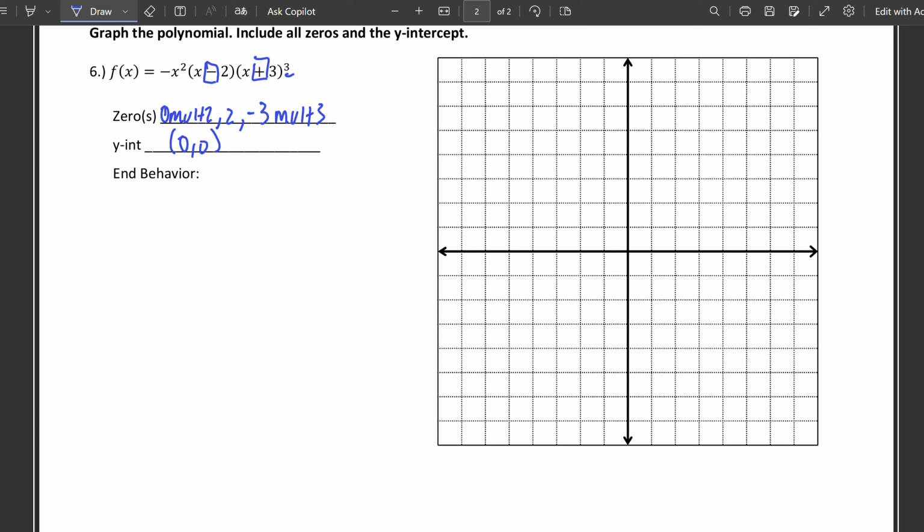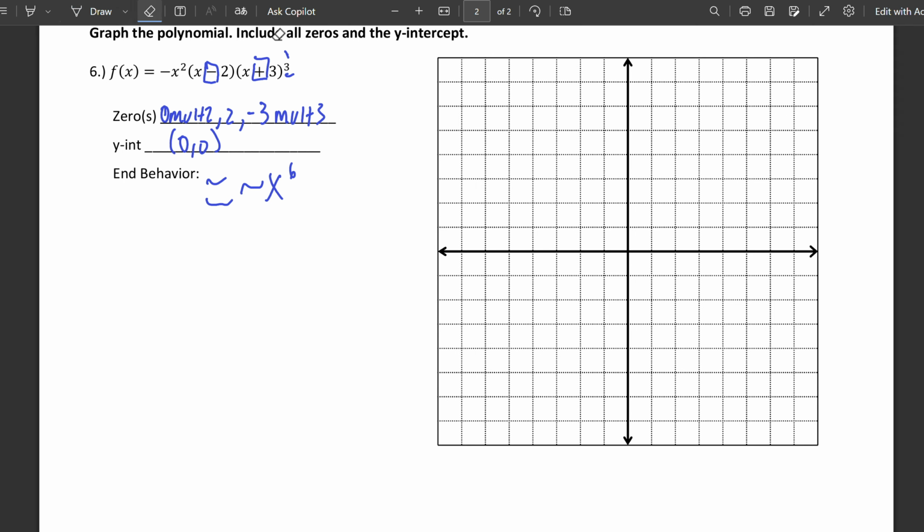For the end behavior, we want to look at the exponents. We have 2 right here, 1 right here, and 3 right here. So what does that give me? 2, 3, and then plus 3, that's 6. So we have a negative x to the 6.